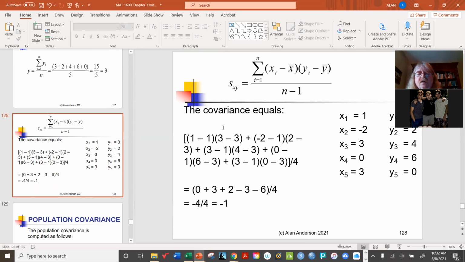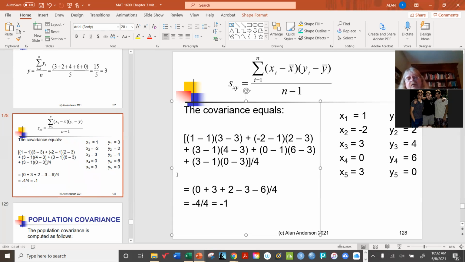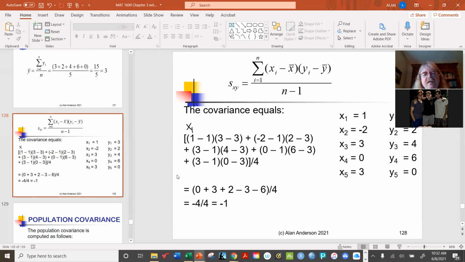All right, so what exactly is going on here? You're going through the list. So in other words, this is X1 minus X bar, and this is Y1 minus Y bar. This is X2 minus X bar times Y2 minus Y bar.